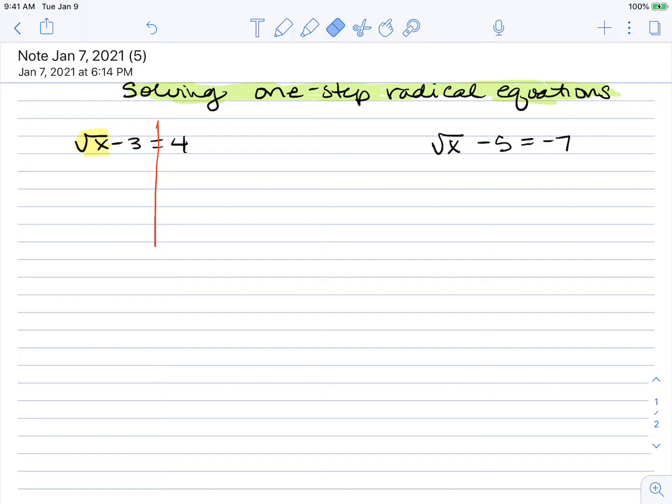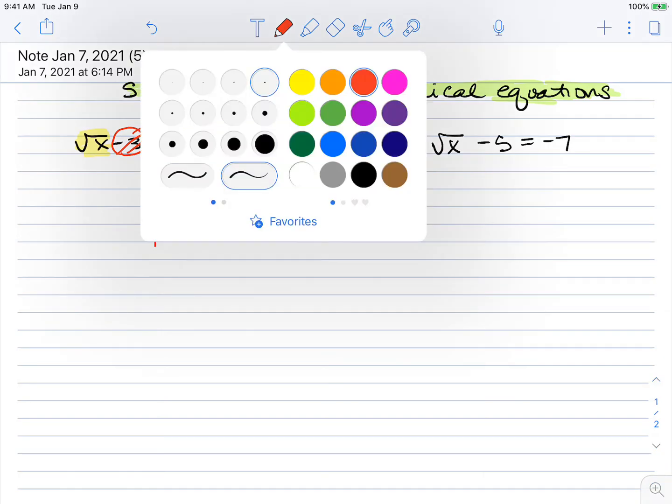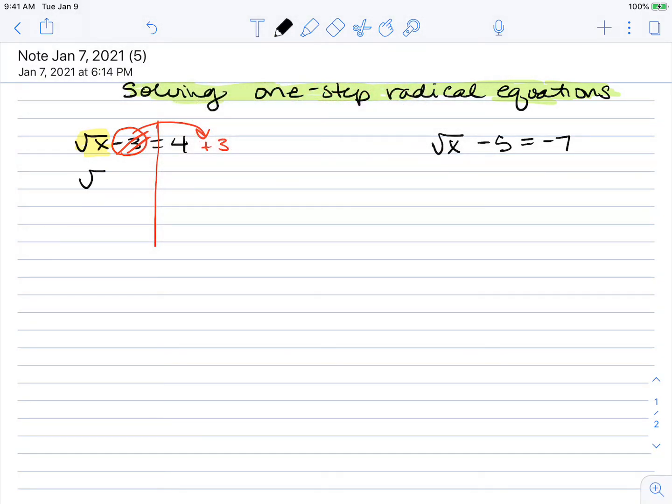The way that I do it is I either do the opposite operation, which would be to add this to both sides, or, and this is what I like to do because it's quick, I circle and move it and change the sign, which is the same as adding it to both sides. This is going to leave me with the square root of x equals 7.